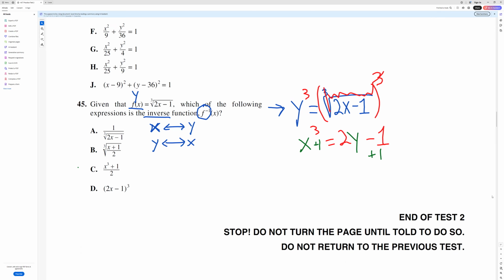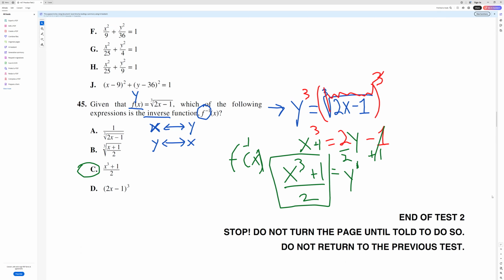It's going to be C. Don't waste any more time, but I need to finish this. So x to the third power plus 1, divided by 2, is equal to y. So the function f inverse of x, that becomes the new y. So it's equal to that, which is C.